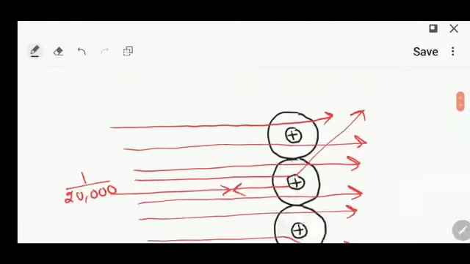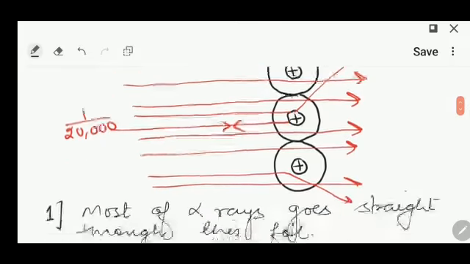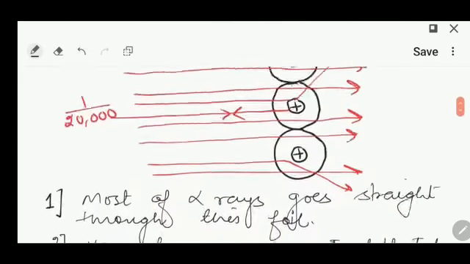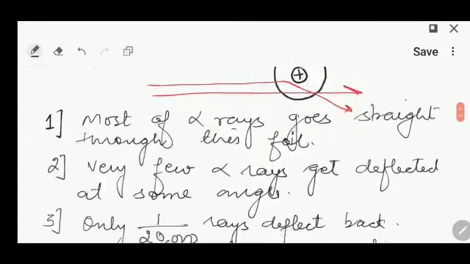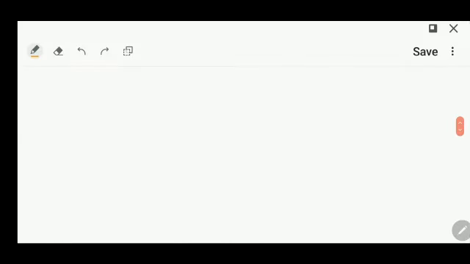So by this experiment, three observations are made, and by these observations, what is the conclusion? These are the following conclusions.